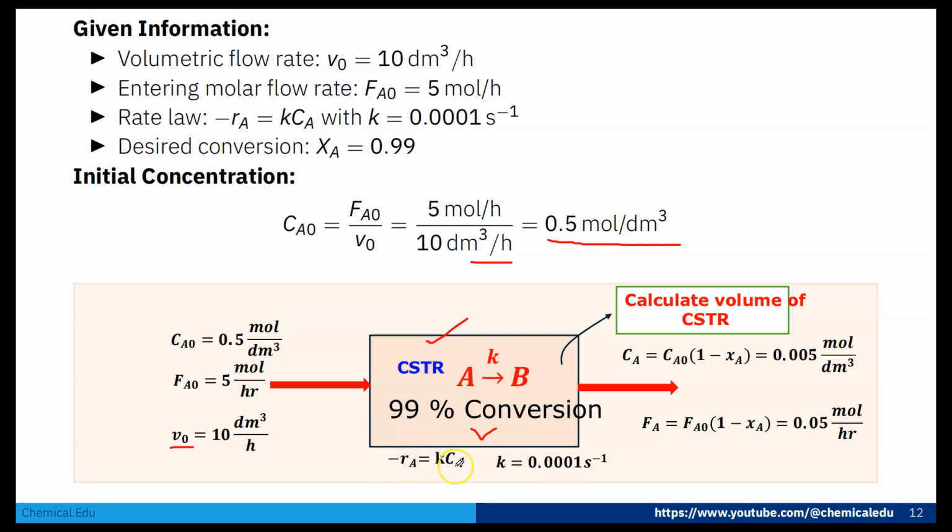Ra is given, that is K Ca, and K is 0.0001 second inverse. After 99% conversion, Ca will be Ca0 (1 minus Xa), that is 0.005 mole per dm³, and Fa will be Fa0 (1 minus Xa), so that is 0.05 mole per hour.